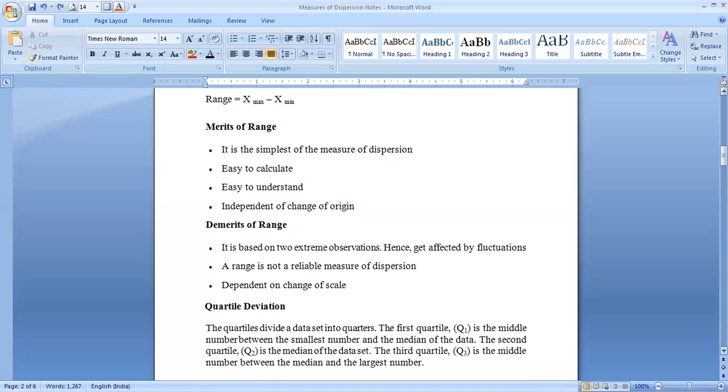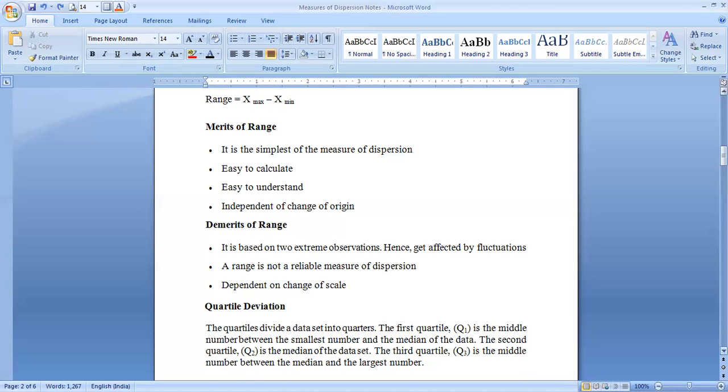Now next, we discuss the second component of measures of dispersion, which is known as quartile deviation. The quartiles divide a data set into quarters. The first quartile, Q1, is the middle number between the smallest number and the median of the data. The second quartile, Q2, is the median of the data set.